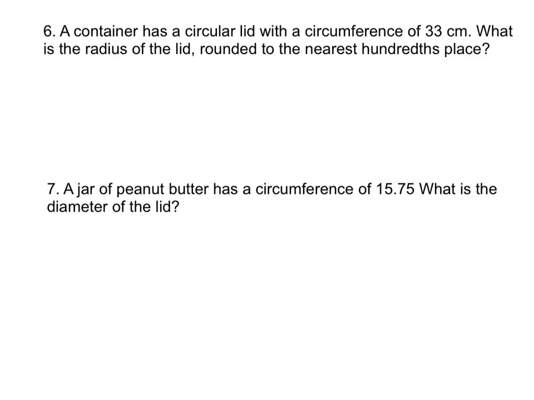So I have this circular lid of a container. It's asking for what is the radius. Since I don't know that, I'm going to put my r. It's talking about circumference, so I'm going to write my formula.